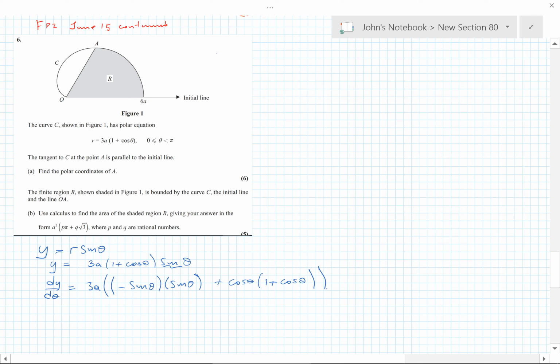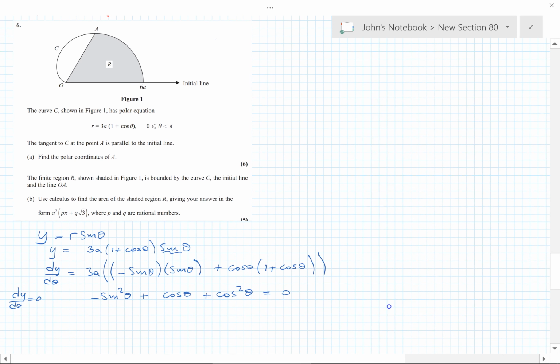Right, obviously this dy by d theta equals 0. So the 3a is going to go, and we're going to have minus sine squared theta plus cos theta plus cos squared theta equals 0.